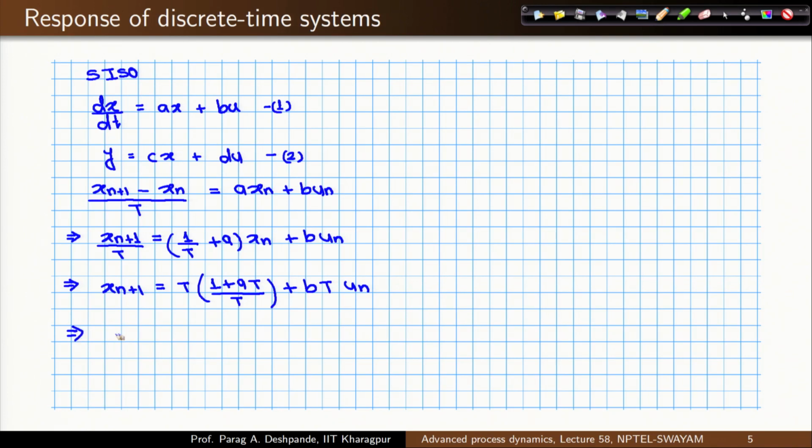In other words, x_{n+1} is equal to, okay, so we forgot x_n here. So, there should be an x_n. So, x_{n+1} = (1 + AT) x_n + BT u_n.